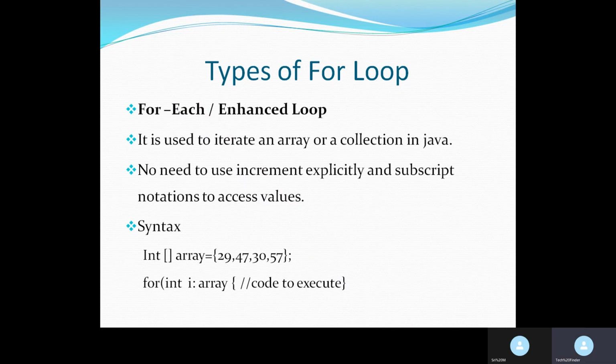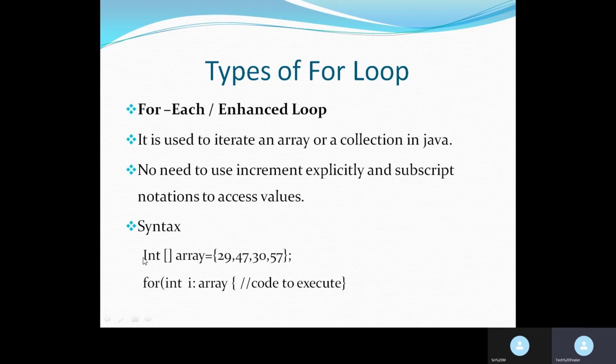If you want to traverse through each and every object present in an array or collection, we will go for the for each loop. And if you want a particular increment of operations, like for every two values or every three values, then we will go for the for loop.